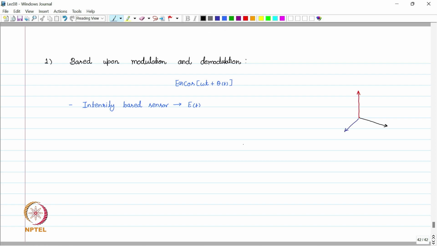We have an optical wave, which is nothing but an electromagnetic wave propagating in this direction. So we have electric and magnetic field vectors.